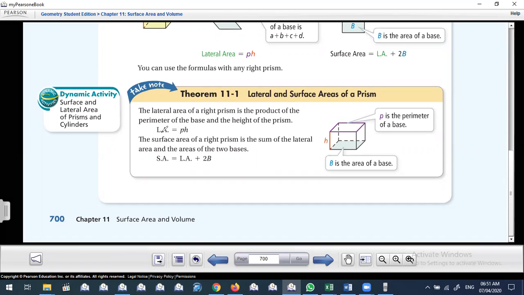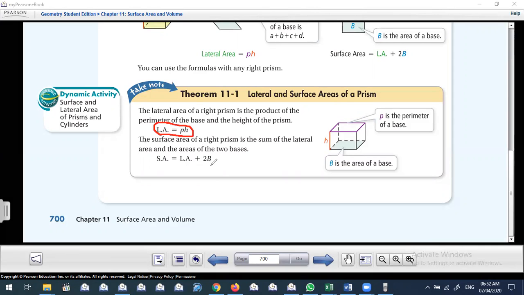So lateral area is the perimeter of the base times height. Surface area equals lateral area plus 2B. B is the area of the base.